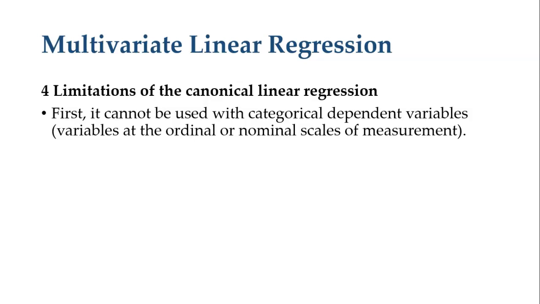Okay, so I have said many times that linear regression is very powerful, but of course it has limitations, as any other inferential method. The first limitation is that you can only use linear regression with numeric dependent variables. So what do you do when you have an ordinal variable or a nominal variable as your outcome of interest?